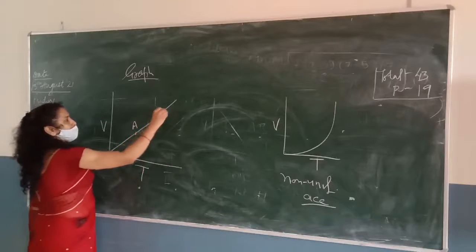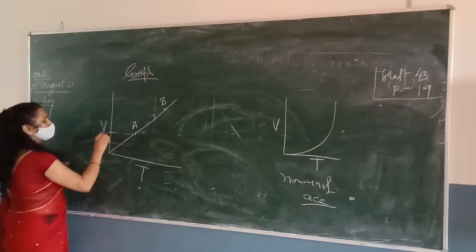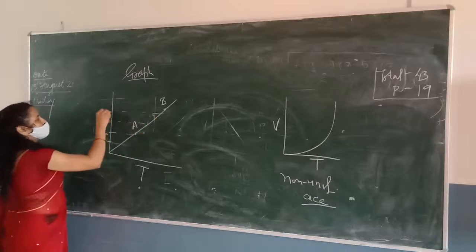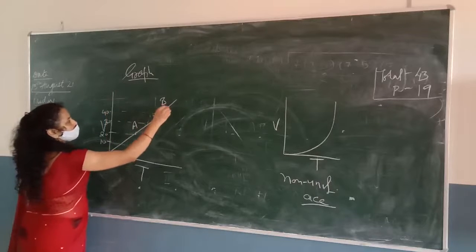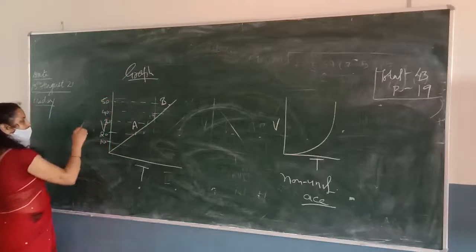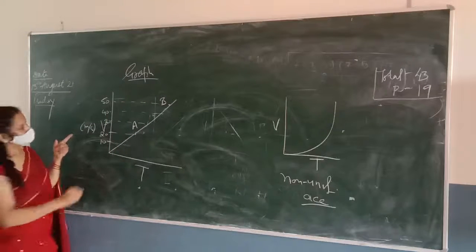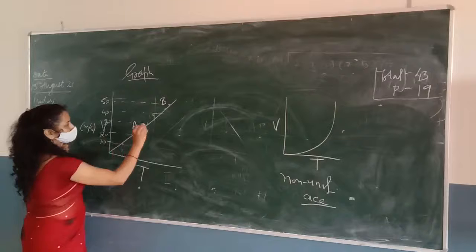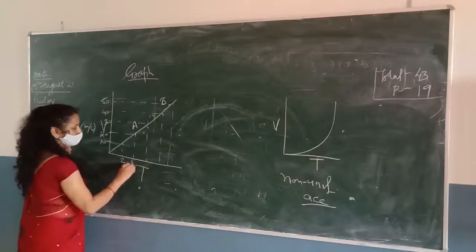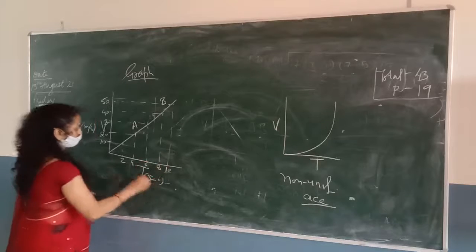These are the 2 points A and B. I am picking 20, 10, 30, 40, point B. B is here, having the velocity 50. So velocity is in meter per second, 10, 20, 30, 40, 50. And the time is 2, 4, 6, 8 and 10. Time is in seconds.